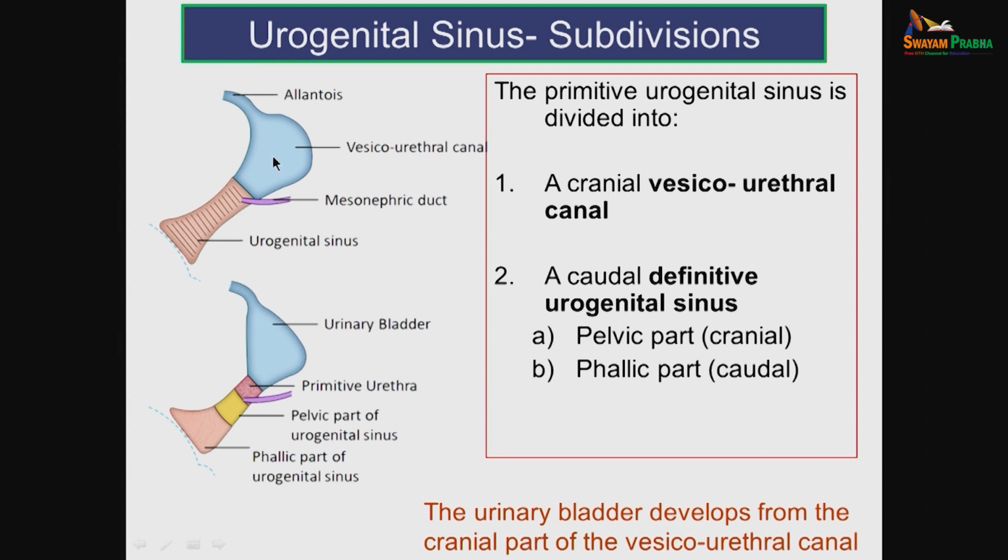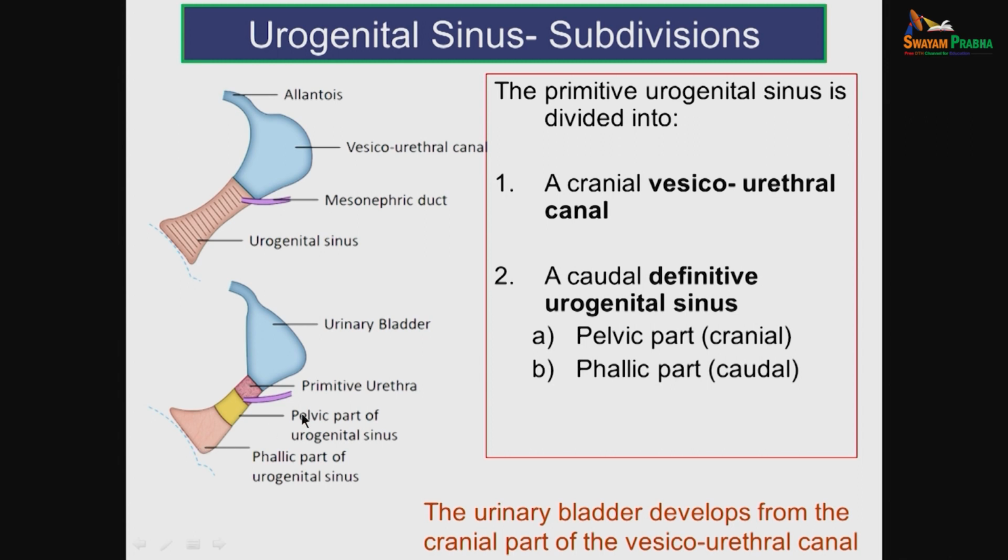The cranial part is called vesico-ureteral canal. And a caudal part which is called definitive urogenital sinus. This caudal part, definitive urogenital sinus, will get subdivided into a pelvic part and a phallic part.